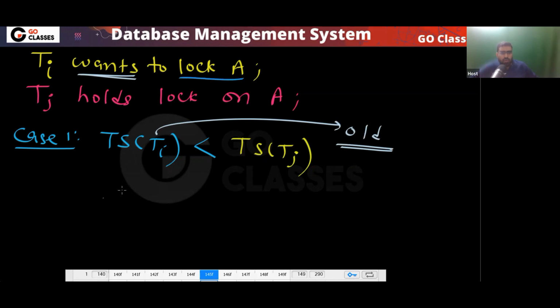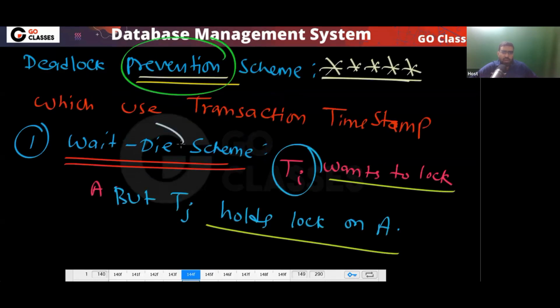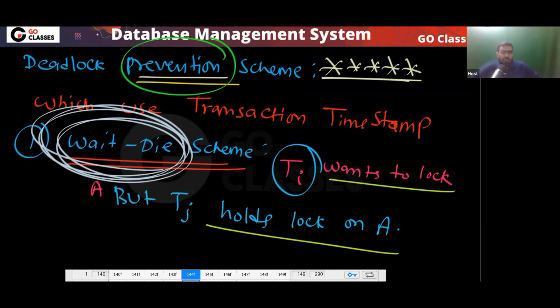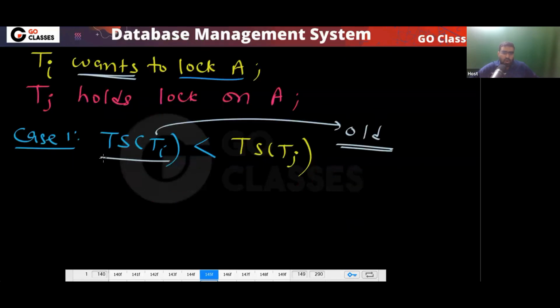So what will you do? Ti will wait or die. Only two options you have, wait or die. In this case one, Ti waits. Ti waits for Tj to complete. Very simple.